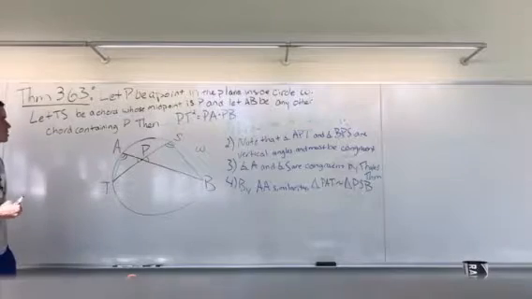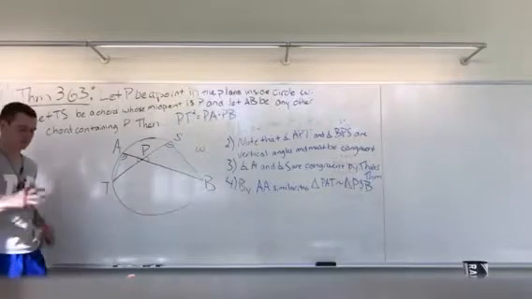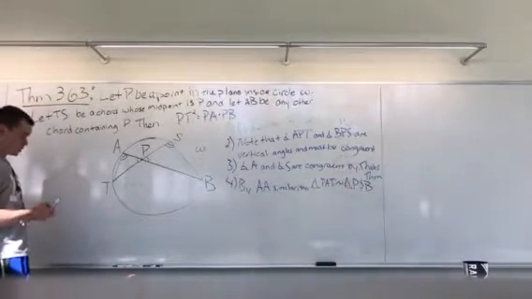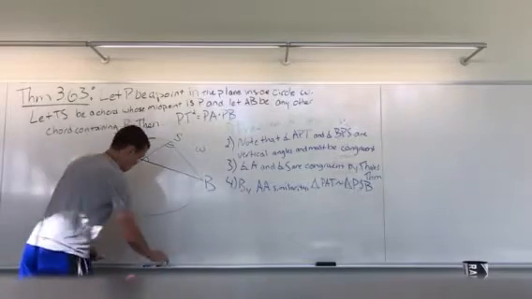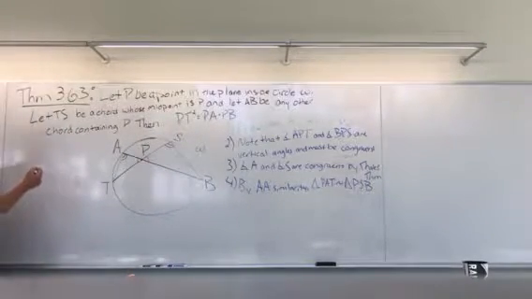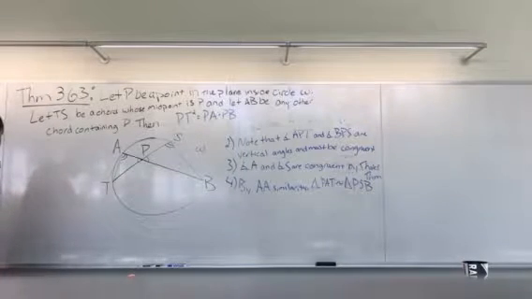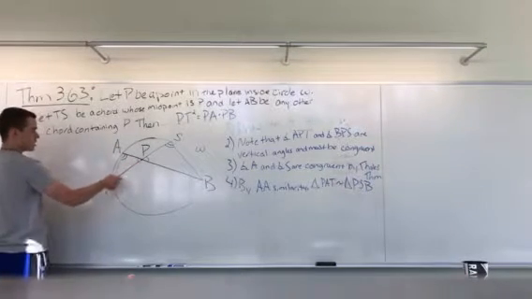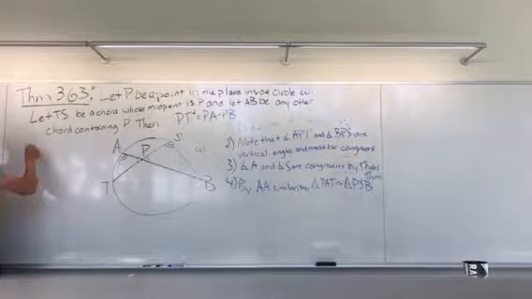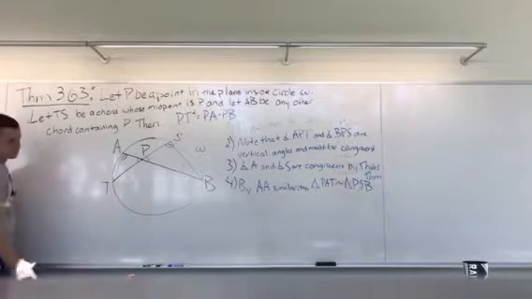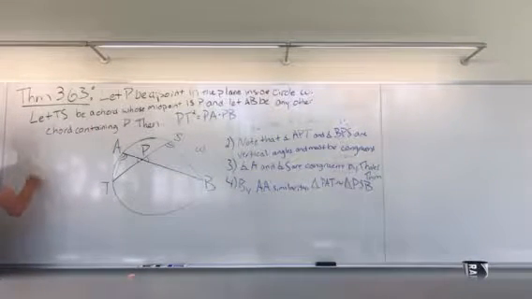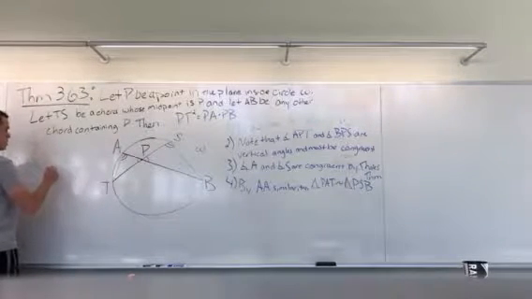How about those nice similarity ratios? So, based on the similarity between these two triangles, we can declare that PT, so PT right here, over PB, the longest side on this triangle, is equivalent to PA over PS.